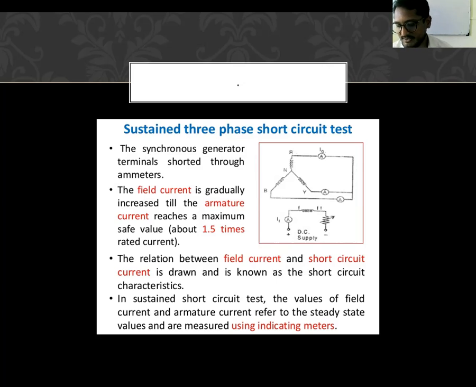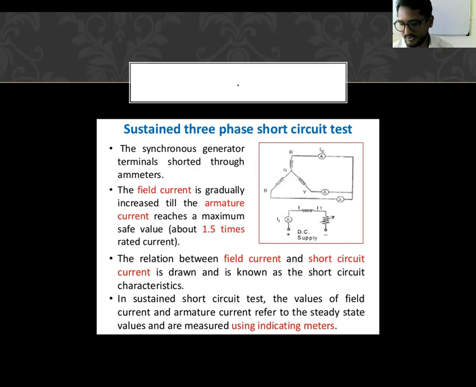The synchronous impedance ZS is equal to the ratio of open circuit voltage to the short circuit current at the field current which provides the rated EMF per phase. So we can calculate ZS by using the formula: open circuit voltage per phase upon short circuit armature current.